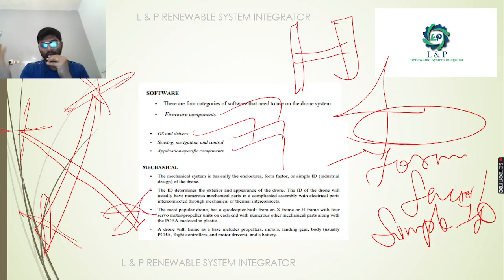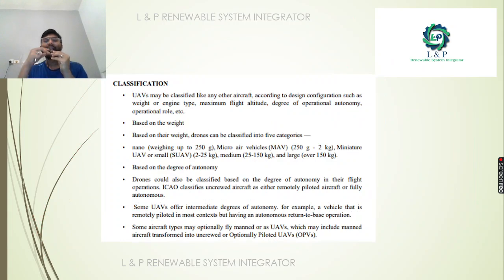For them to run properly, we need the support of the motors, the landing gears, and the body part, which usually consists of PCBA, flight controllers, motor drives, and most importantly, the power source battery. We can classify these drones into different categories.